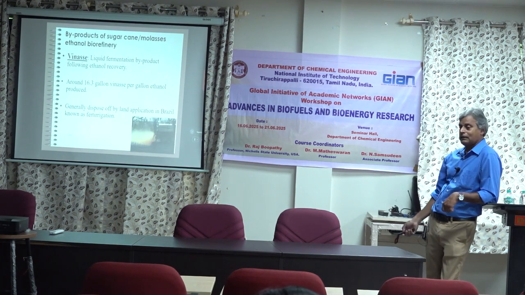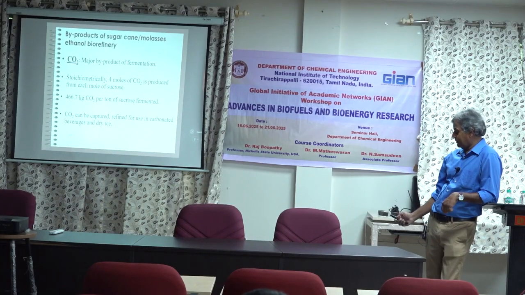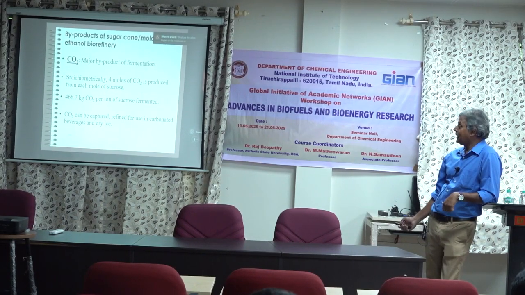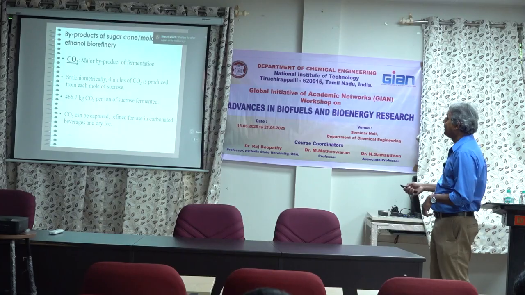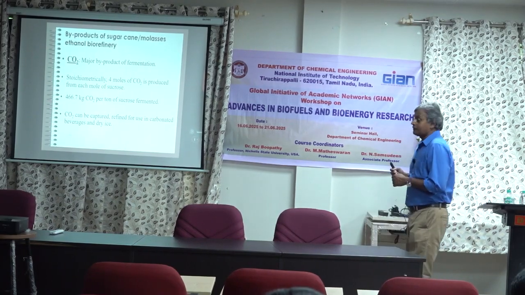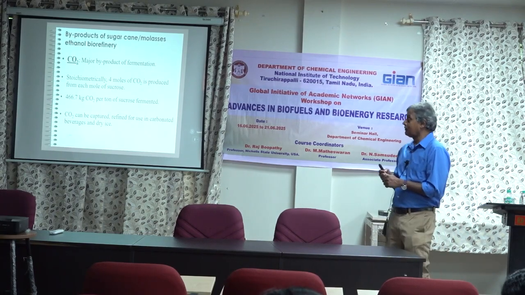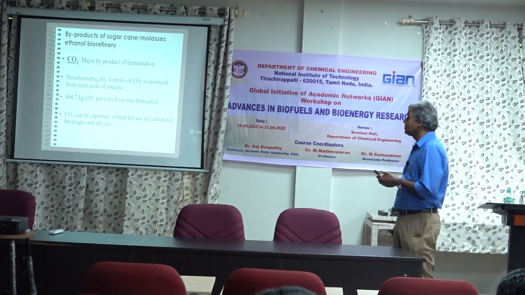Vinasse is applied back into the soil as a soil conditioner in Brazil. For CO2, you make 4 CO2 from the sugar molecule, so a lot of CO2 is coming out. CO2 is a major byproduct of fermentation. Stoichiometrically, 4 moles of CO2 are produced from each mole of sucrose.